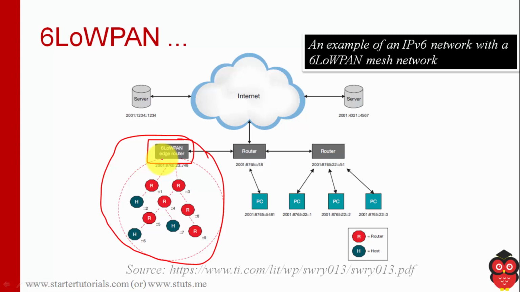All the data from that network goes through the edge router, and data coming from the internet to the network comes through the edge router. So it is the receiving point as well as the transmission point for the entire network.